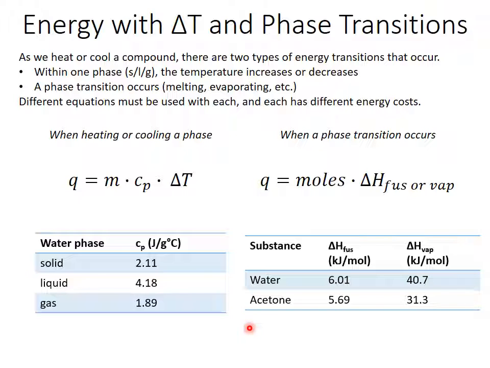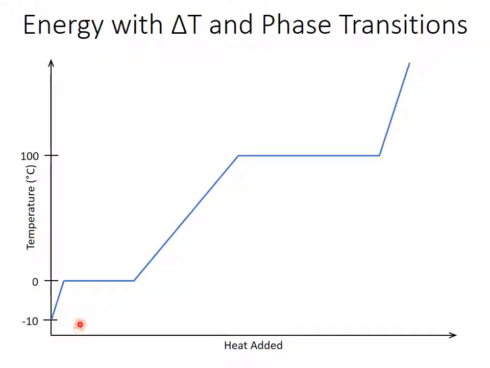Now we need to think about where we would use these equations. This is that same graph from your November 18th class notes, showing how the heat added changes the temperature of a sample of water. If we start at minus 10 degrees, that sample is frozen, it's ice.